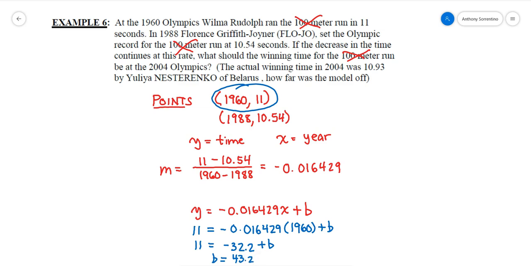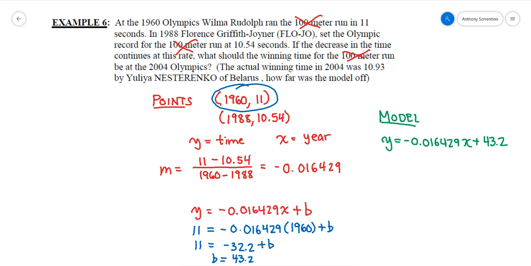So that means that my model for this is y equals negative 0.016429 x plus 43.2.